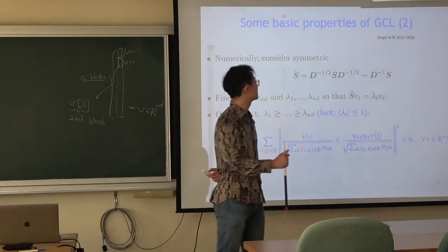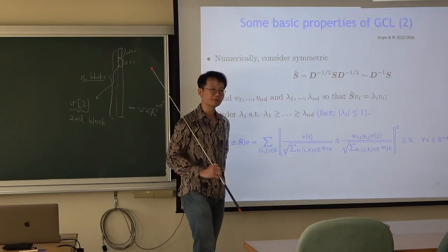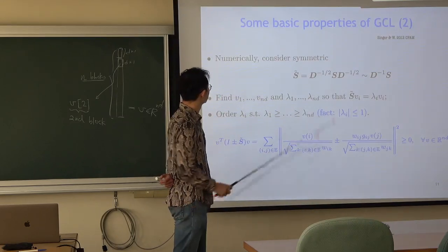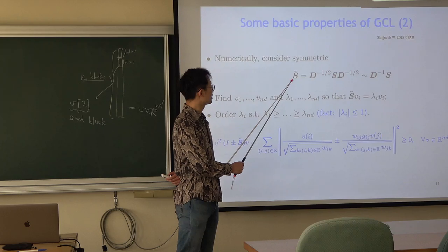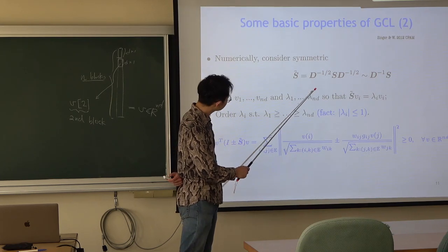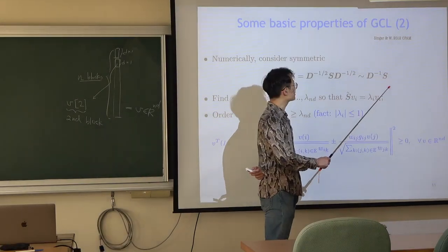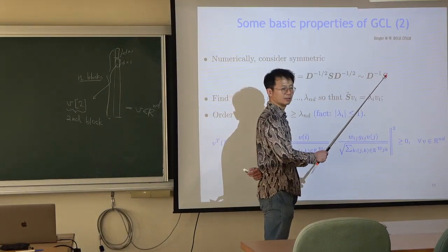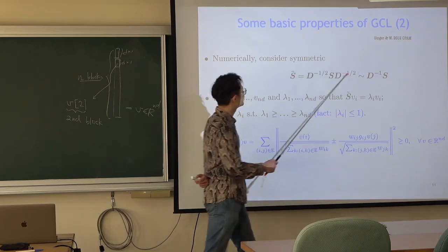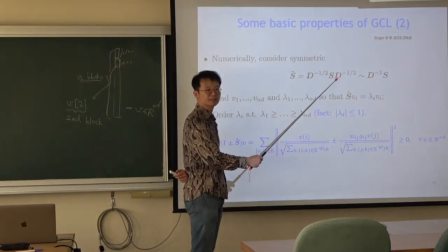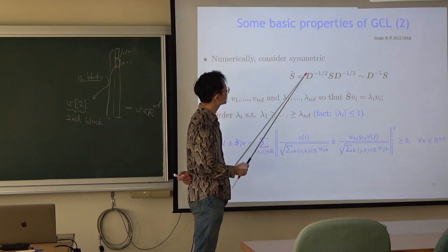And there are some more basic properties. For example, we consider D inverse S, and D inverse S in general is not symmetric. But D inverse S is similar to D minus half S D minus half, and this guy is symmetric.